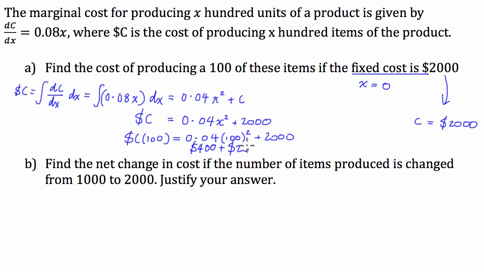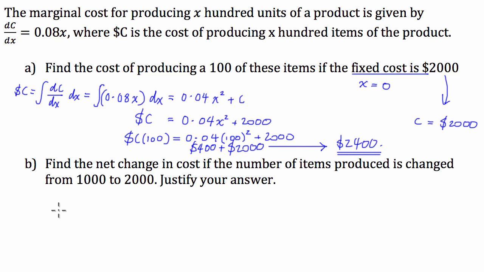So $400 plus the fixed cost of $2,000 gives us a total cost of $2,400. So that's the solution to our first problem.